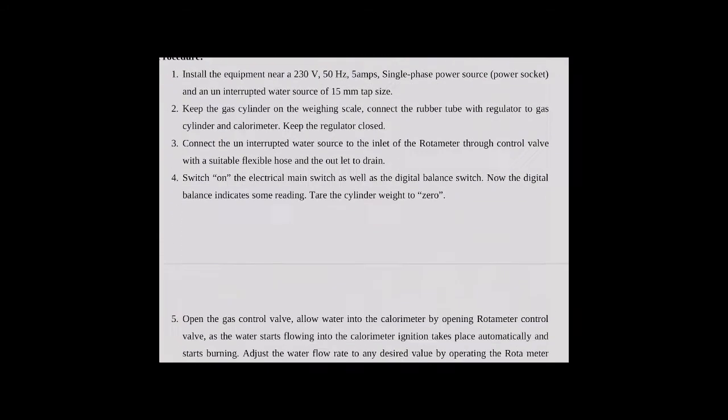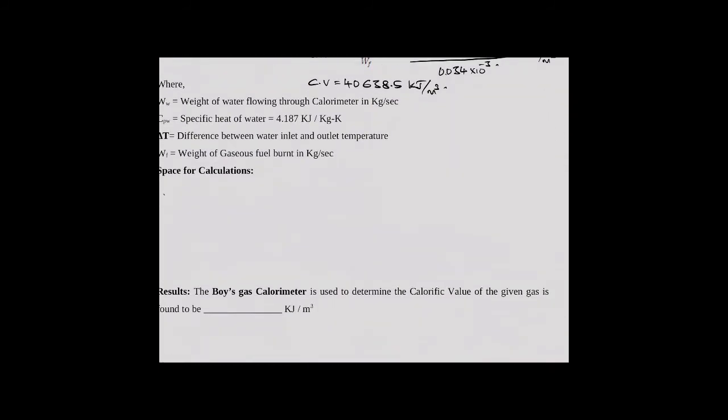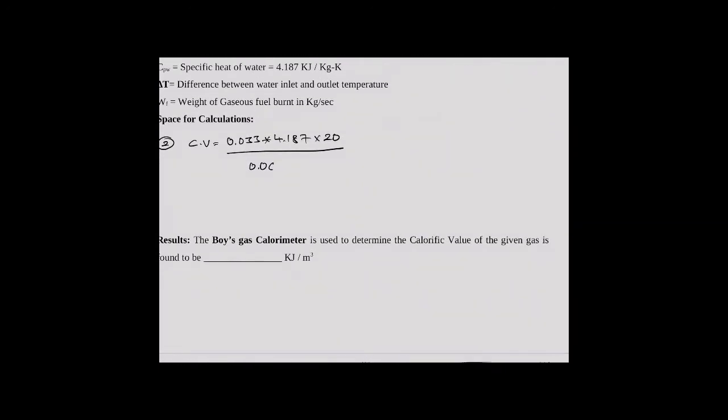CV for the second case will be equal to 0.033 into 4.187 into 20 degrees divided by 0.067 into 10 to the power of minus 3.